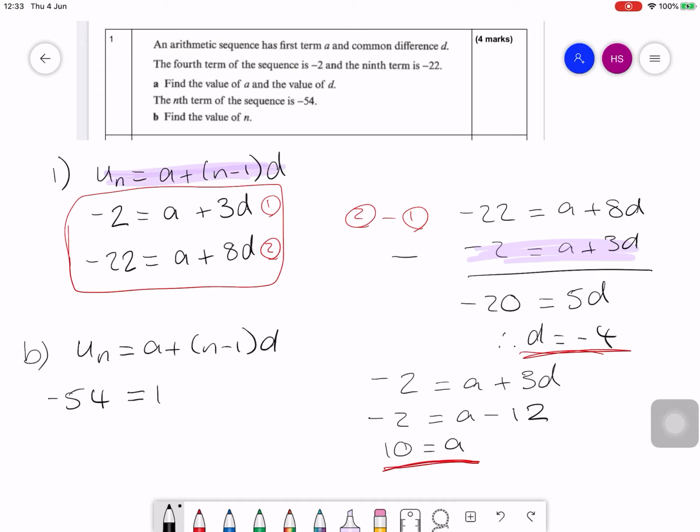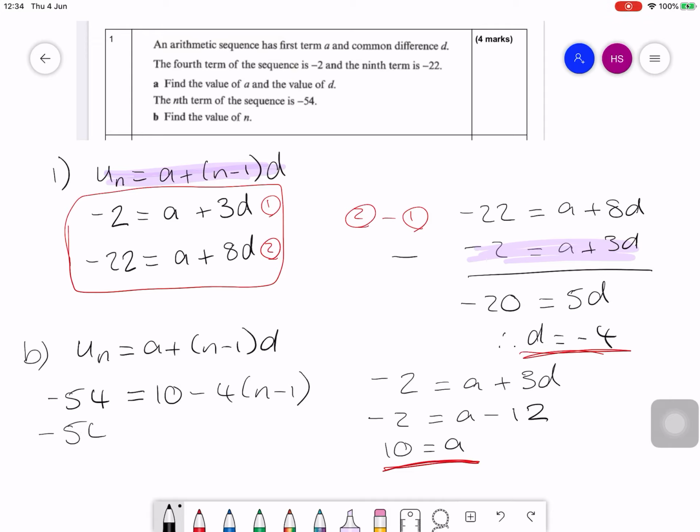I've worked out that a is 10. n is what I'm trying to find, and d is minus 4. Just be really careful there, because it looks a bit like it says n minus 1 and then minus 4. If I were to write that as minus 4 times n minus 1, it would make the whole thing a bit clearer.